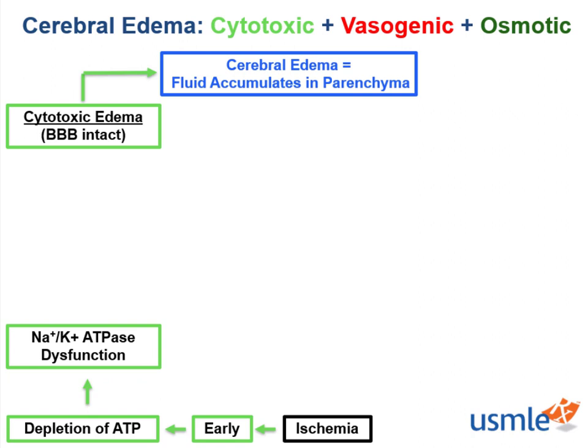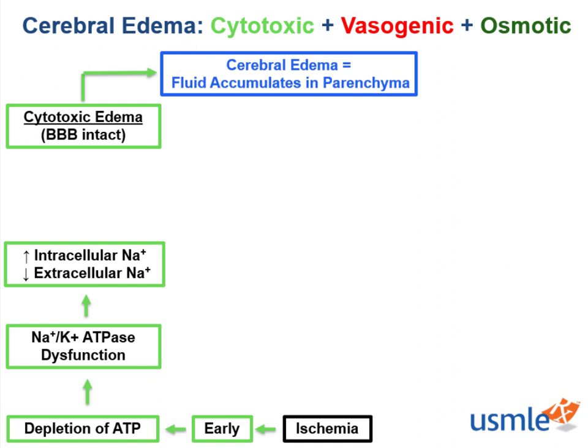Without enough ATP as fuel, this balance flips, such that intracellular sodium increases and extracellular sodium decreases. This causes cells to swell because water flows where sodium goes. With sodium building up intracellularly, water flows into cells, causing them to swell up.